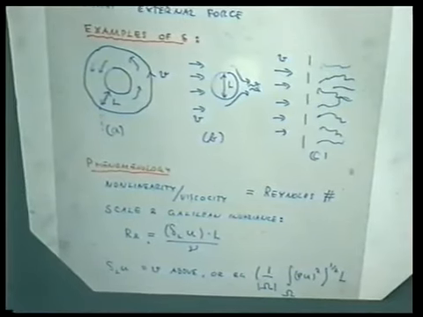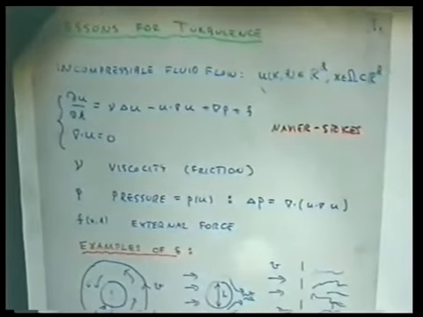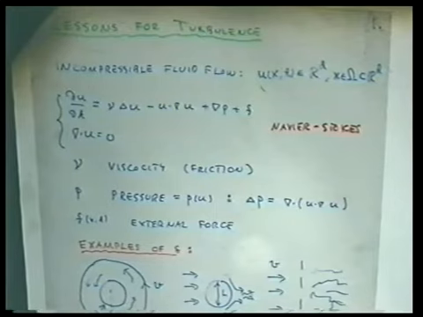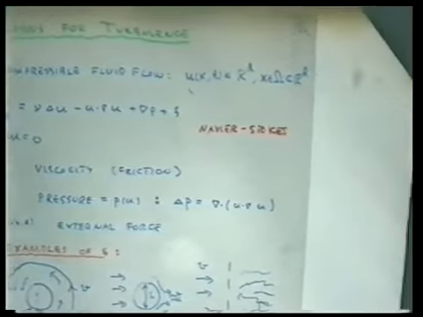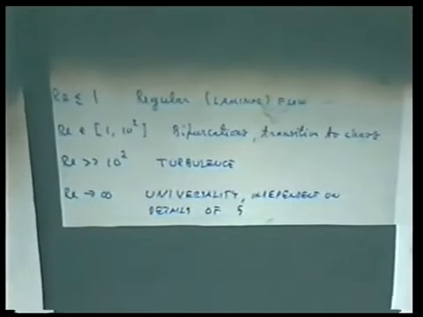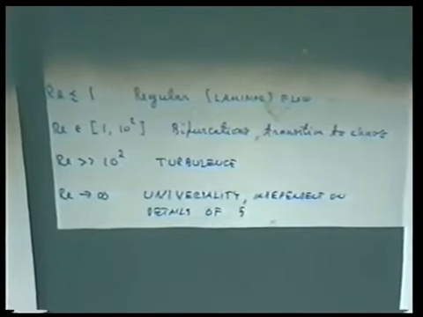Then what you observe is the following. All right, so when the Reynolds number is small, less than something of order unity, you have a regular flow. Nothing interesting is happening. It's called laminar flow.